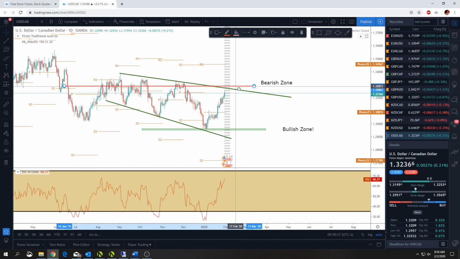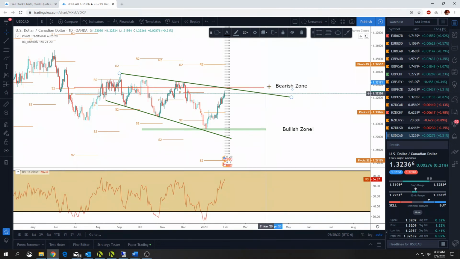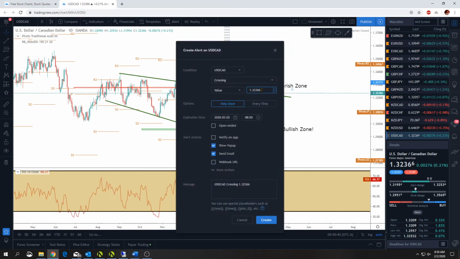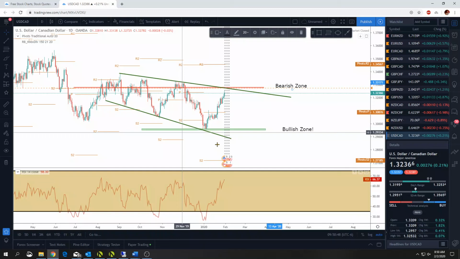So we could kind of go, all right, what are we going to do here? So I'm going to throw an alert at 32744. Looking to sell from there. Yeah. This one's orange.